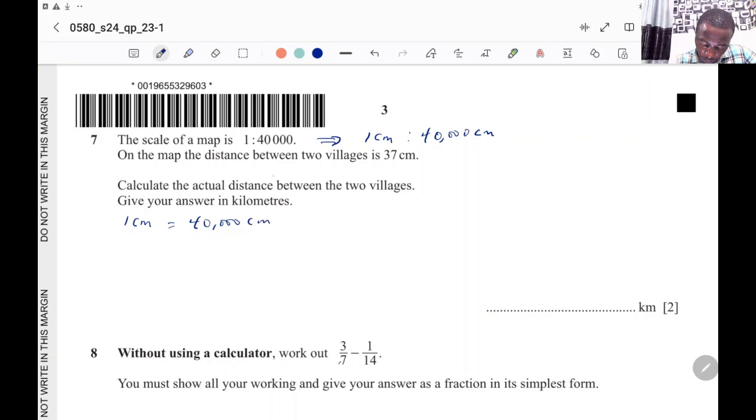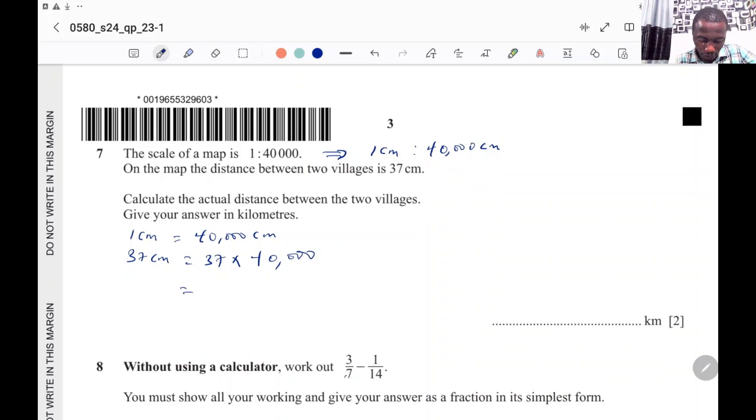If on the map it is 37 centimeter, we'll have 37 times 40,000.